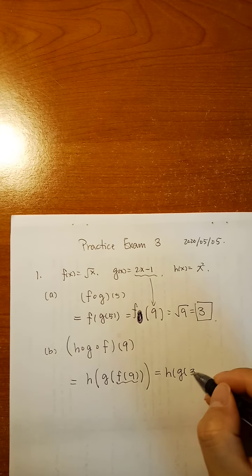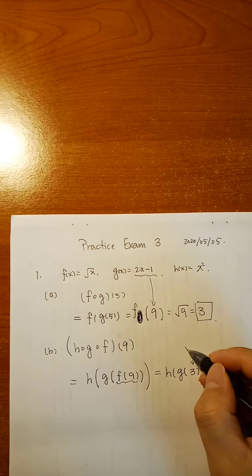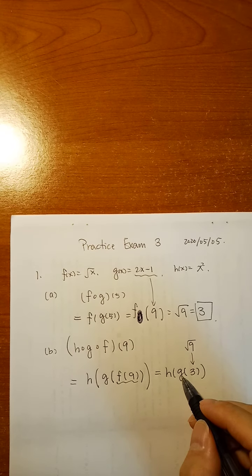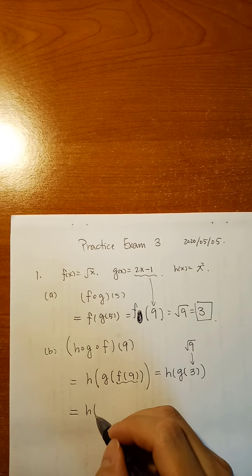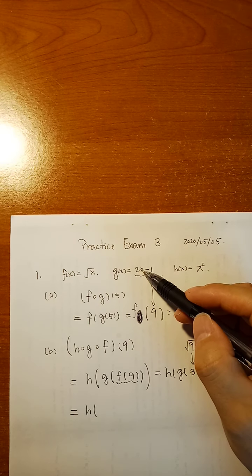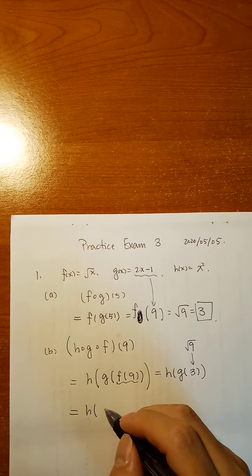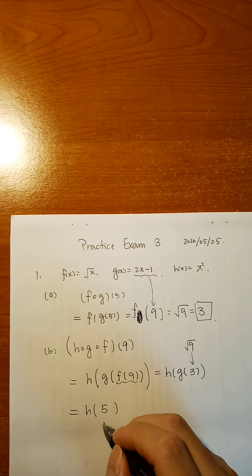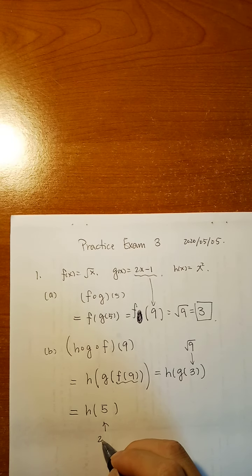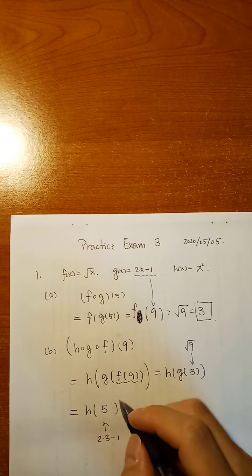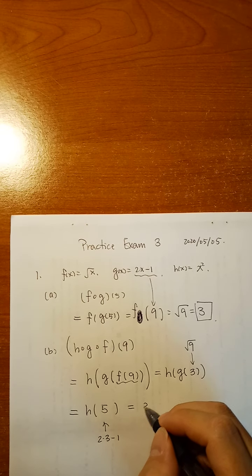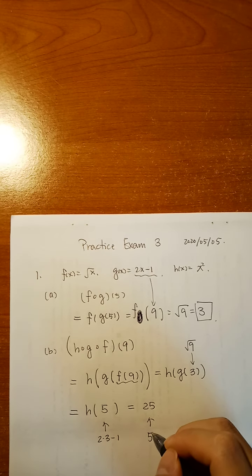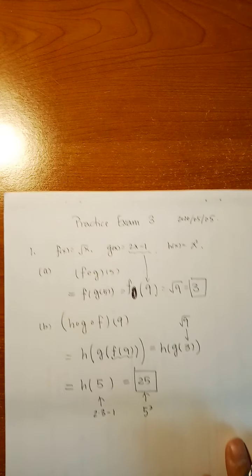Square root of 9 is 3. g of 3 is 2 times 3, 6, 6 minus 1, 5. h of 5 is 25, 5 squared. Okay, so that's our first problem.